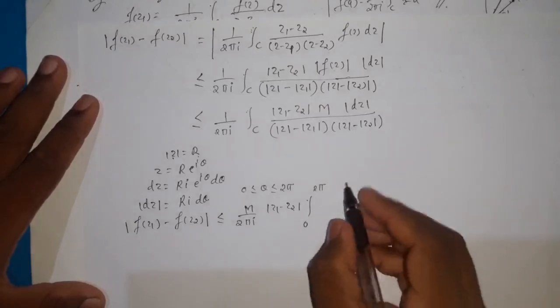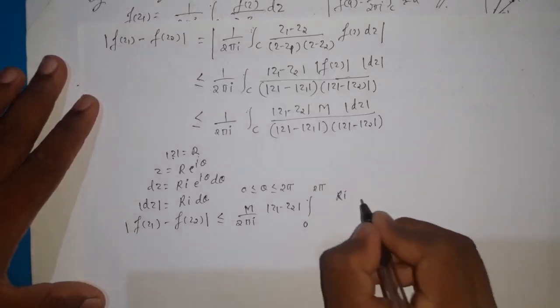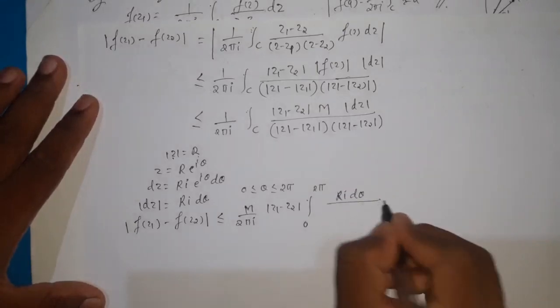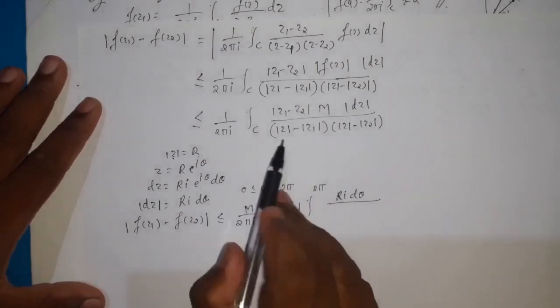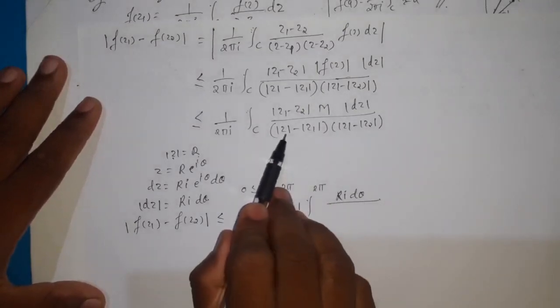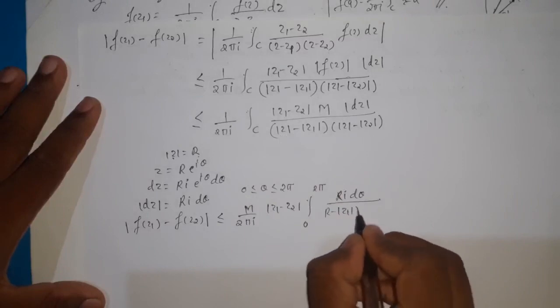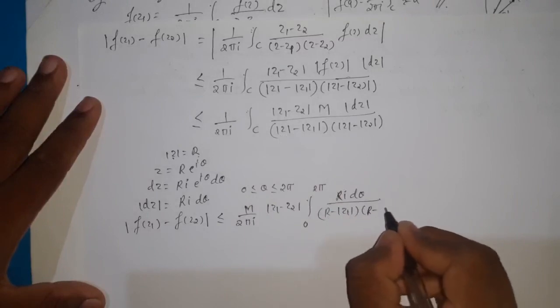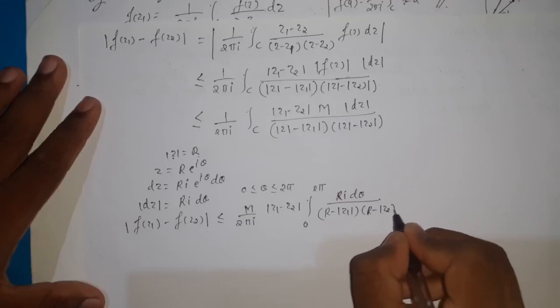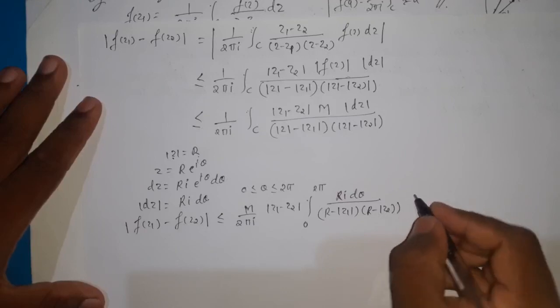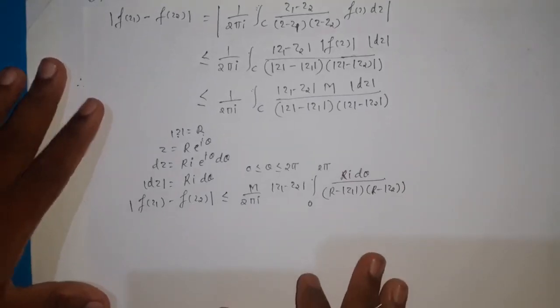Here dz is equal to what? R into i into d theta divided by, here we know that mod z equal to R, so R minus mod z1, R minus mod z2, right.